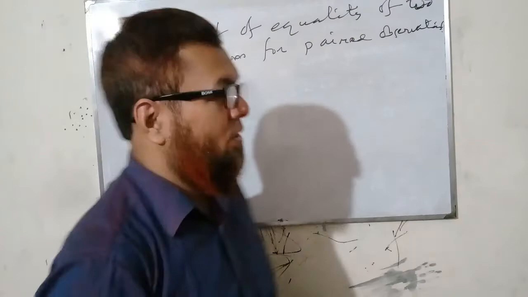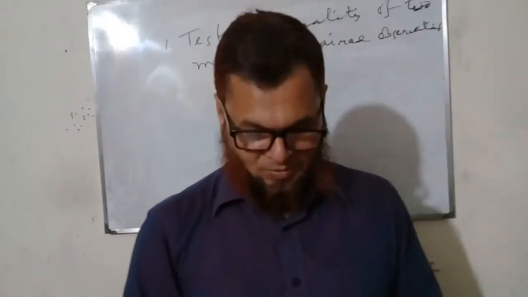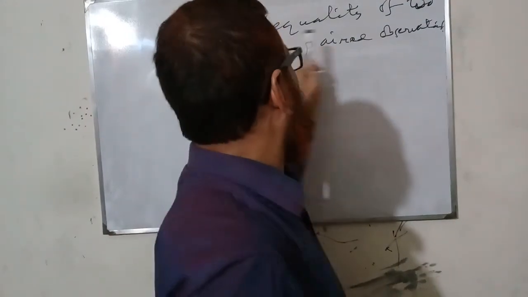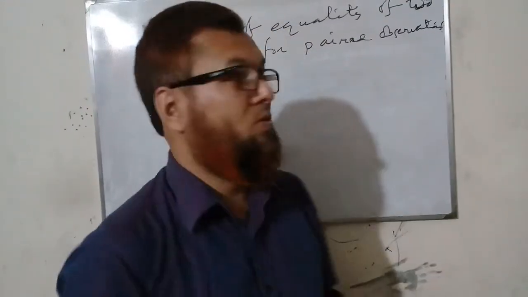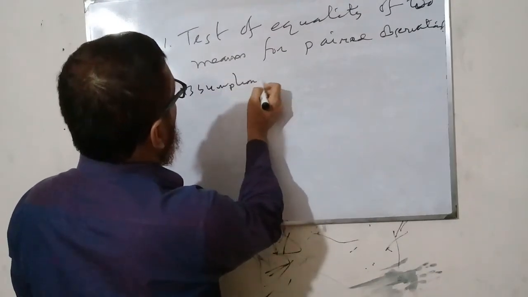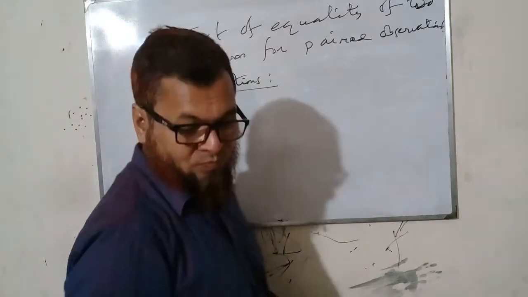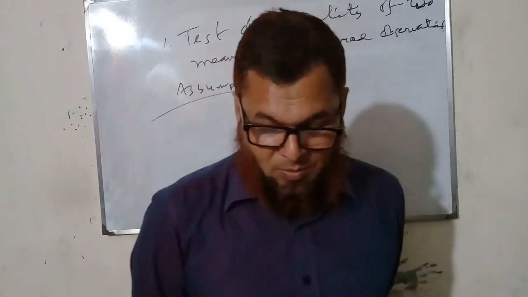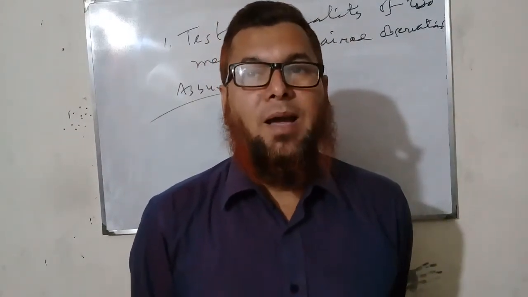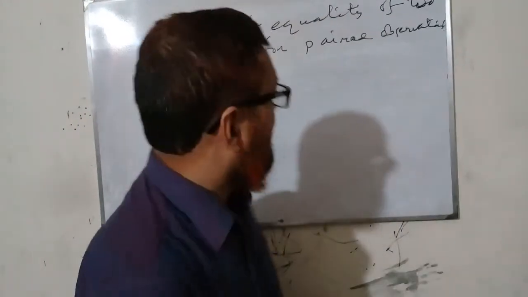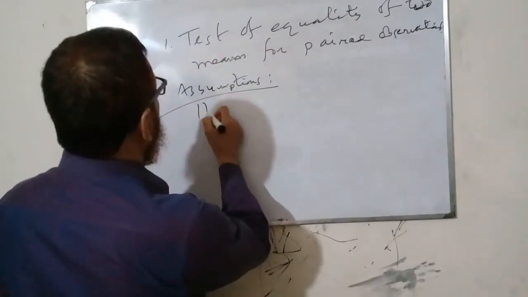That is, when the observations are paired, then how we can test equality of two means. Assumptions: a random sample of size n pairs of observations is drawn from a bivariate normal distribution.